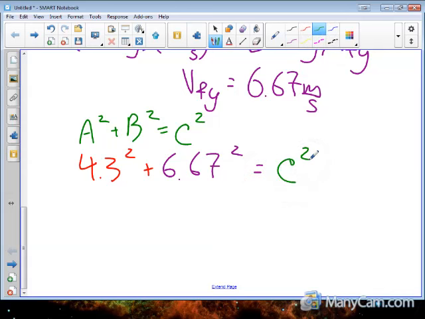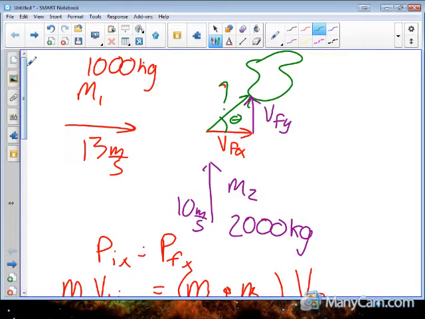So I get that my final velocity, when they've stuck together, I'm not talking about any components, this is their overall final velocity of 7.95 meters per second. Then I need to determine what this angle is.